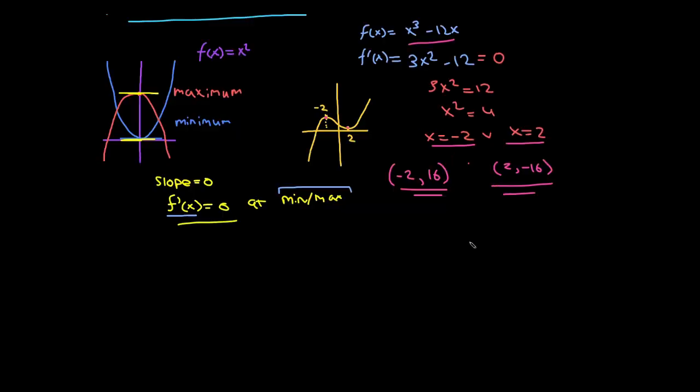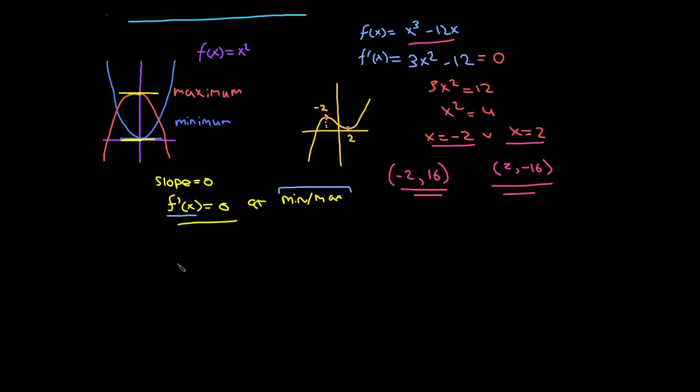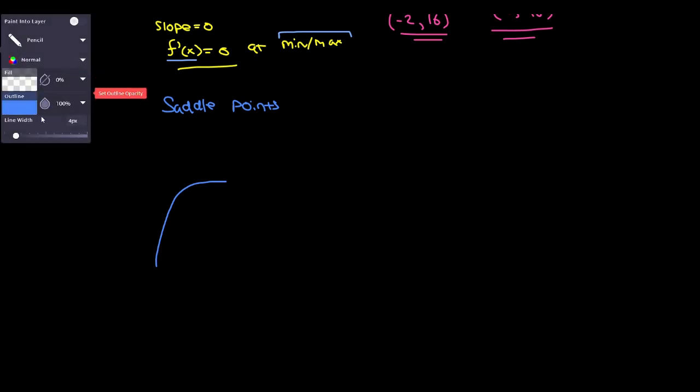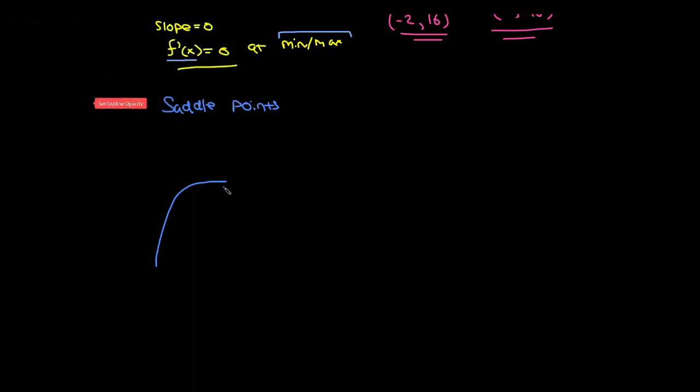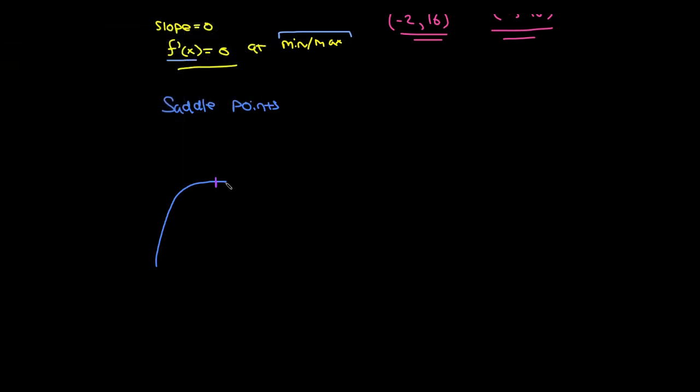And I do want to highlight one more point, and that has to do with so-called saddle points. That's what you get when the function does the following. It goes upwards, upwards, upwards, then it slows down and becomes horizontal right here, and then it slopes upward again.